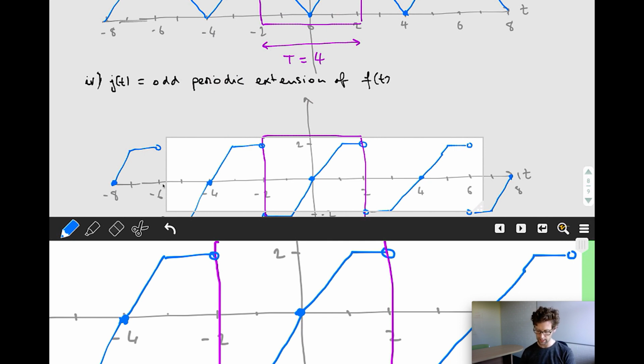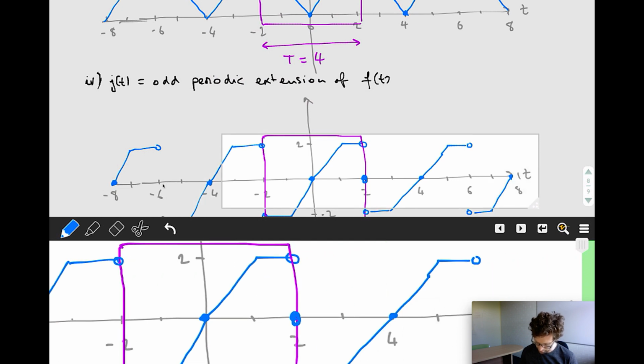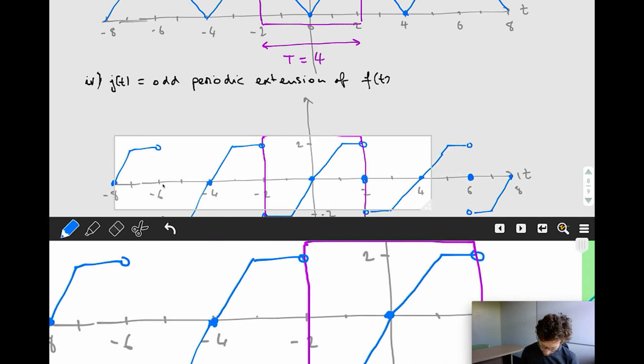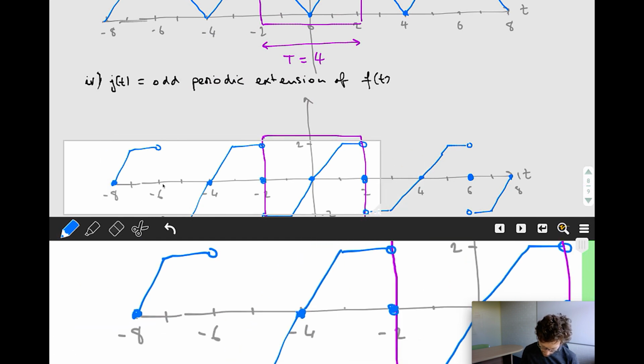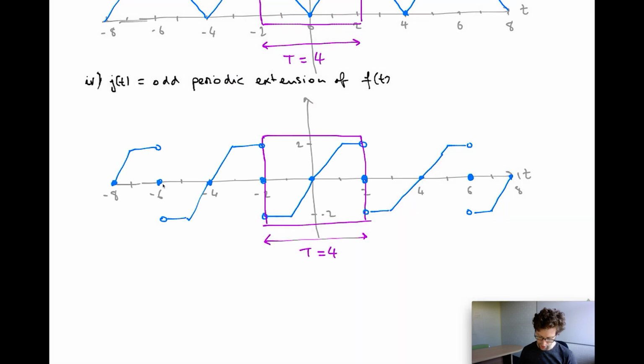That it's got to have an odd symmetry. So when I shift left to right and up down, I have to get the same thing, and the only thing that's going to work is if I choose it equal to 0. You can play around yourself to see that that is indeed the case, but there's no other value that I can choose for my discontinuity that would indeed give me an odd function.